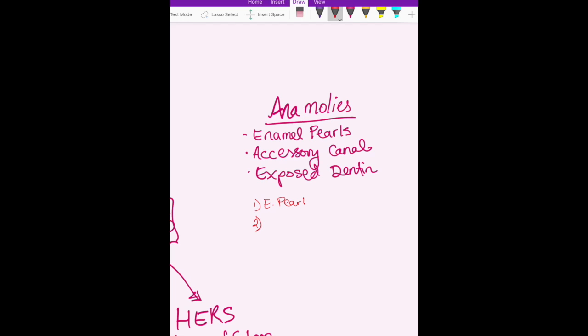If the amelogenin or the epithelial cells interact with the cementum, it will form this enamel pearl anywhere in the furcation or in the cervix. You can have accessory canals that form when you have a break in the epithelial diaphragm. These canals basically form at a 90-degree angle and can be a risk of infection.